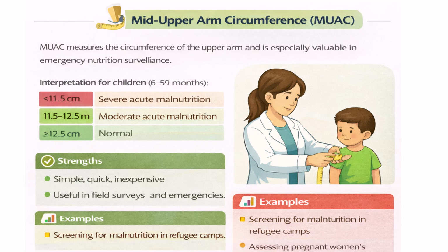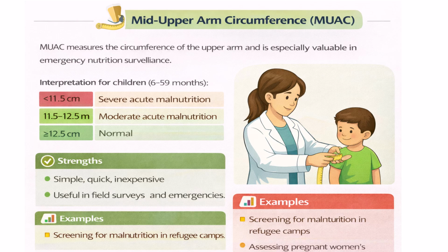Mid upper arm circumference, also known as MUAC. MUAC measures the circumference of the upper arm and is especially valuable in emergency nutrition surveillance.